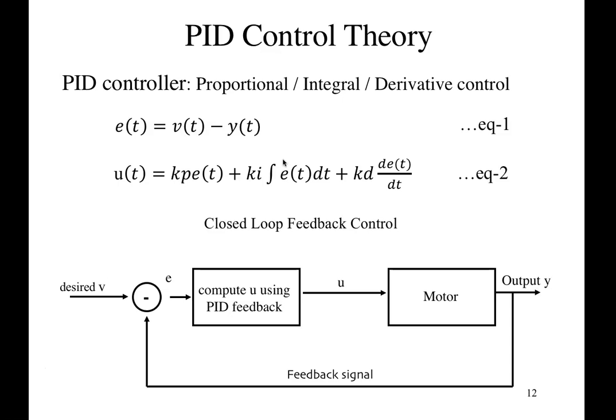What we have here is, if I have a motor as my plant, that's the object to control, I have an output, and I measure that and send it back to my comparator and compare with the input, which is my desired output.